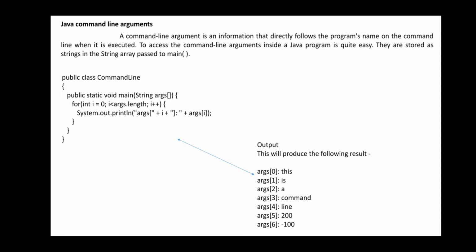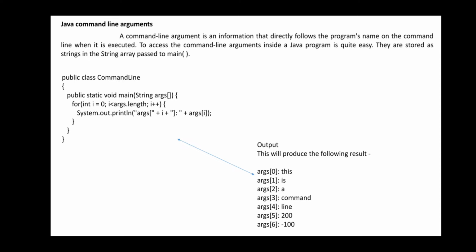To access the command line arguments inside Java is quite easy. They are stored as strings in the string array passed to the main function. So whatever values you pass through the command line arguments with the help of the program name, all of those will be declared as string values.